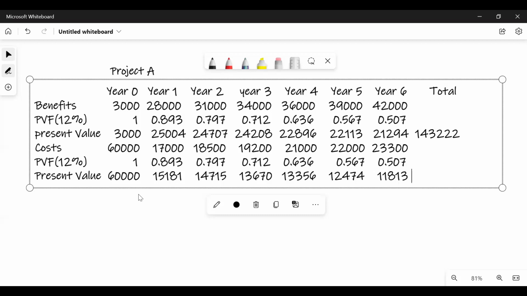Right. When you add it up, what is the total cost present value?